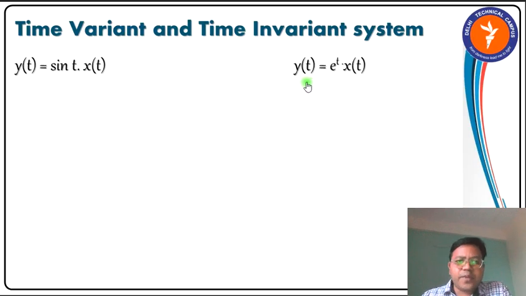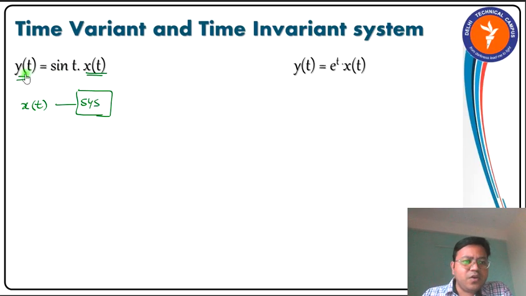Let us check these two numericals also. What is here? We have y t, which is equal to sine t times x t. That is, we have this signal x t here and this y t here. Let me illustrate what this equation is saying. Say I excite the system with x t.